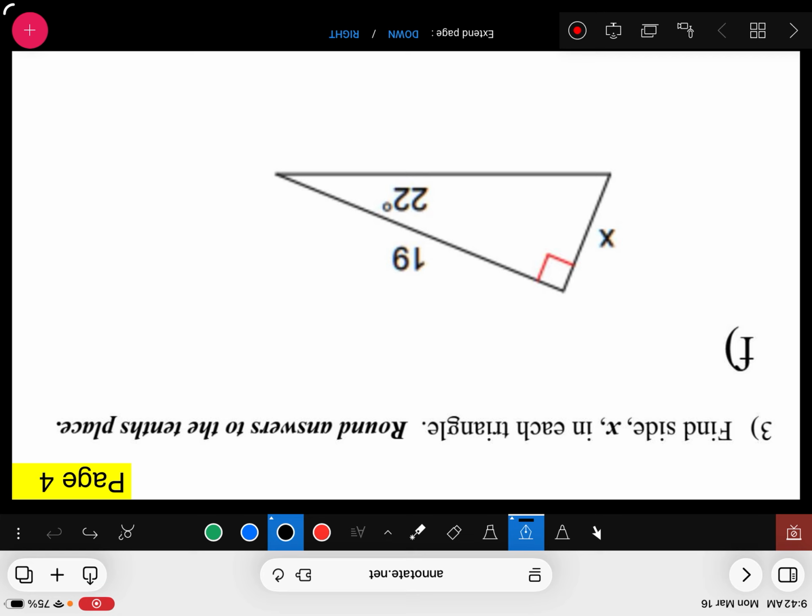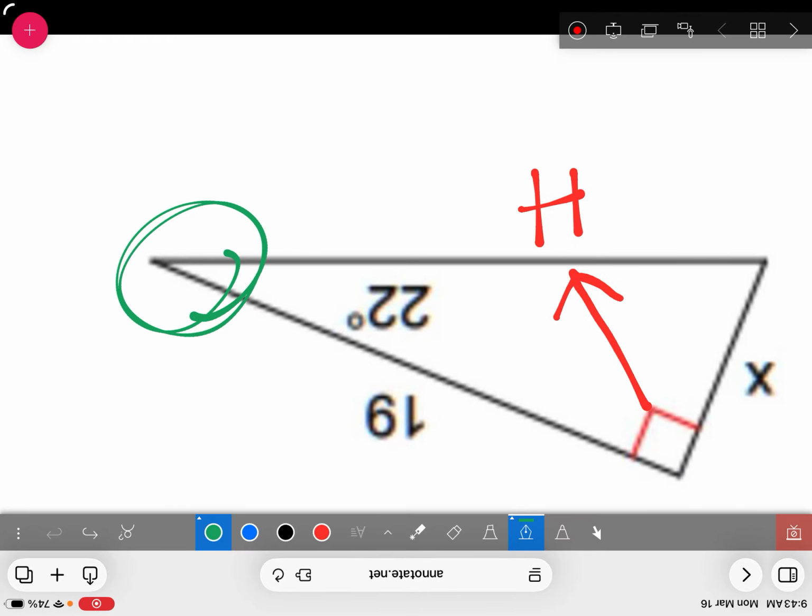So that's growth. I'm going to just quickly go through it. And stay after today, by the way, if you're really interested in learning this and you need help. This is hypotenuse, right next to this 22. That's my angle.